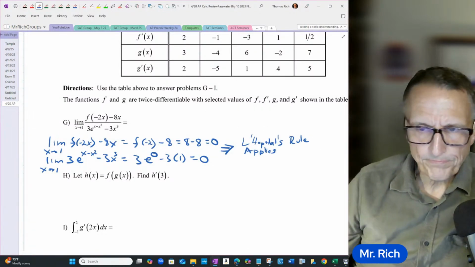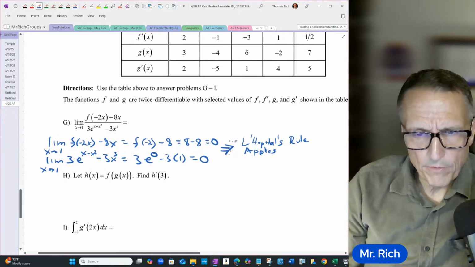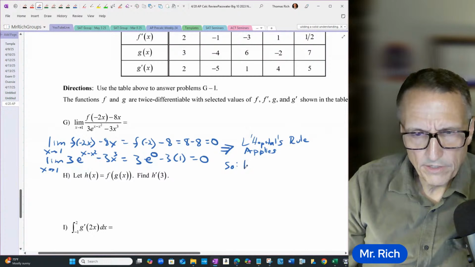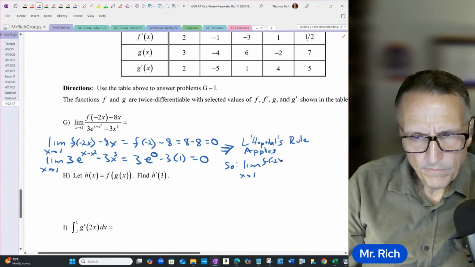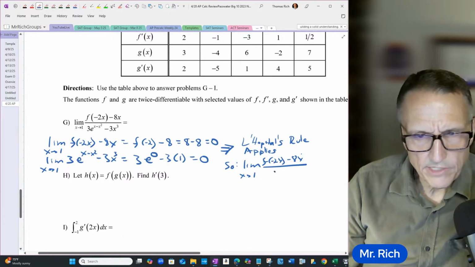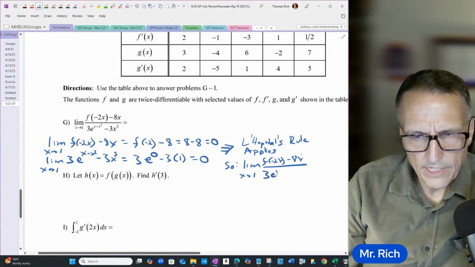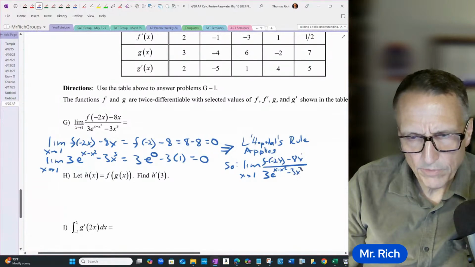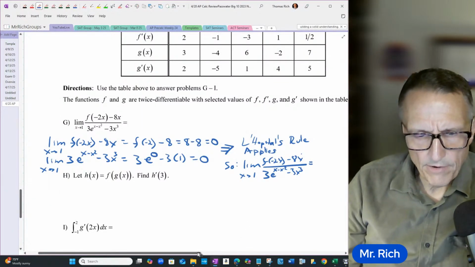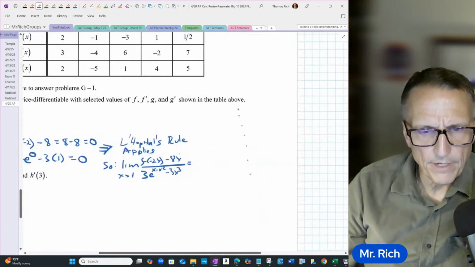And then my next step here, I would actually take the time to go ahead and rewrite the original statement. The limit of f of negative 2x minus 8x over 3e to the x minus x squared minus 3x cubed is equal to, and now I'm going to take the derivative of the top and bottom.